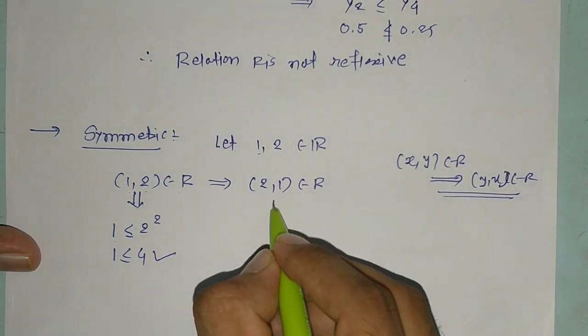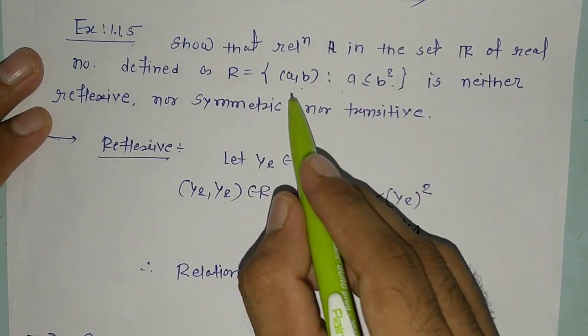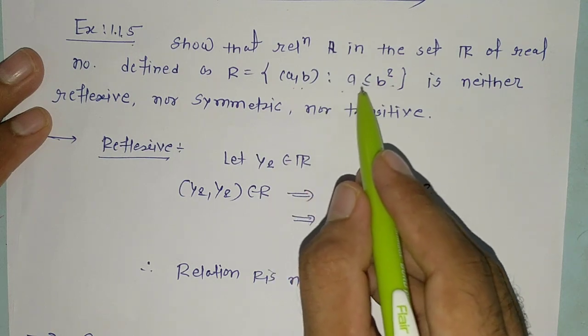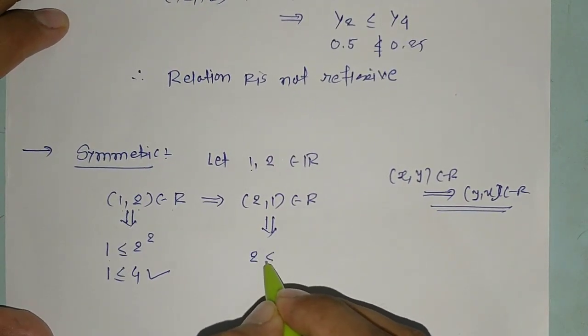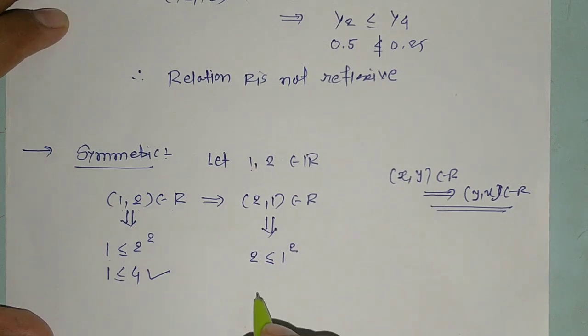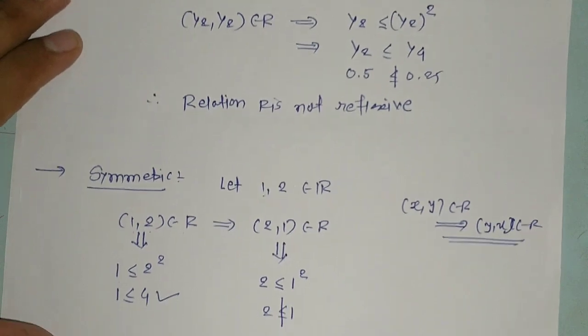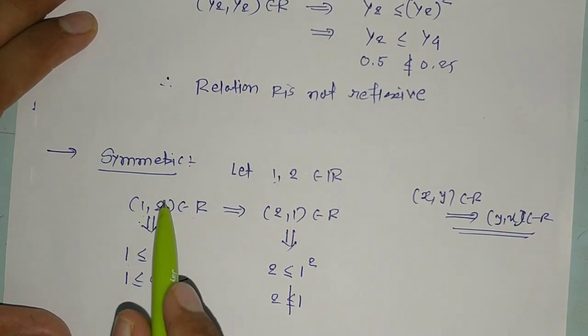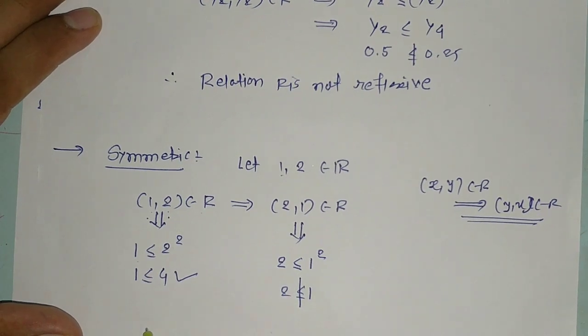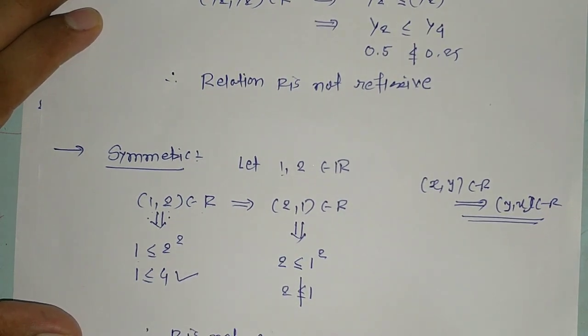Let's check. Apply the definition: A less than or equal to B square, that is 2 less than or equal to 1 square. 2 less than or equal to 1 is false. So for this pair, the symmetricity of this relation is falsified. So R is not symmetric.